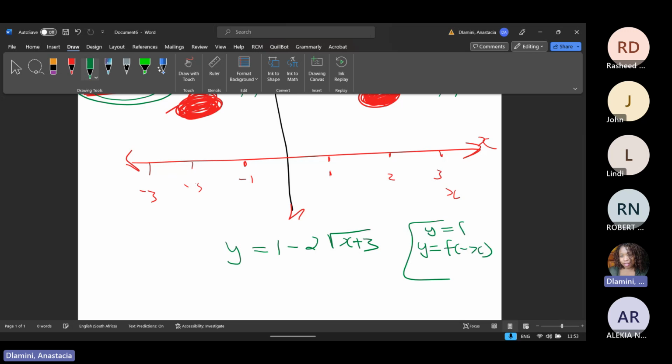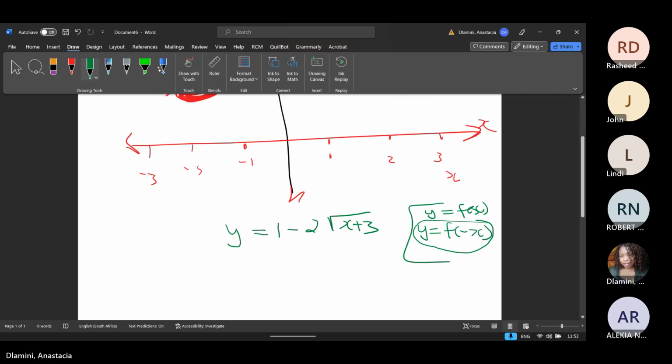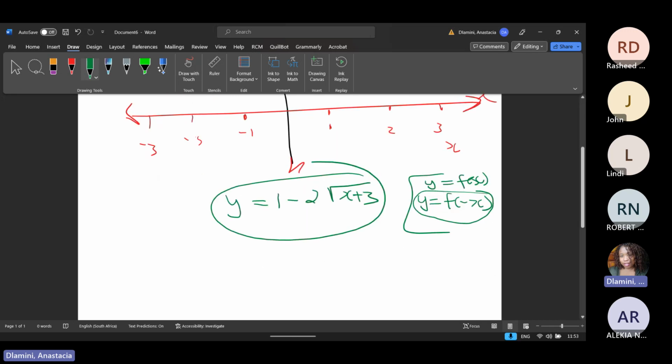If you had y equals f of x, and you're reflecting that graph about the y-axis, then you write it as y equals f of negative x. So where you see x in this graph, you put negative x. So let's write it. Our original is f of x equals 1 minus 2 square root of x plus 3.